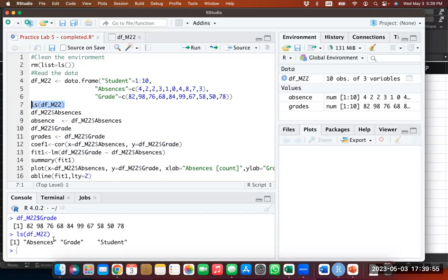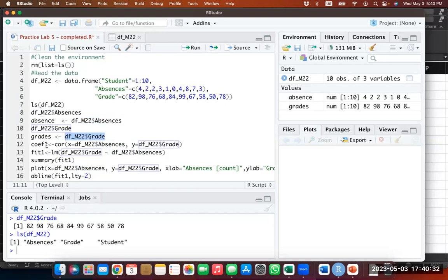It should give you these 3 entries. And then go back to DFM22 absences. It worked for absences. Then does it work for grade? No. Does it work for grade or for grades? Plural or singular? Singular. Yeah, R is unforgiving in this case.